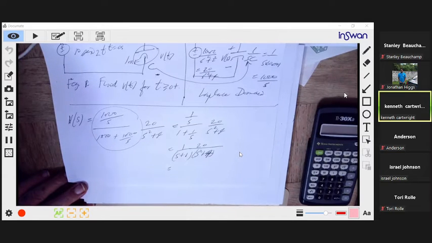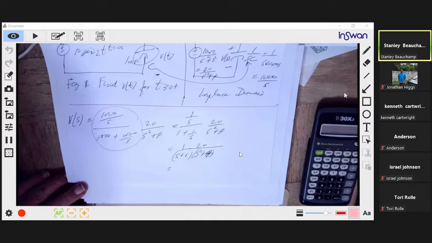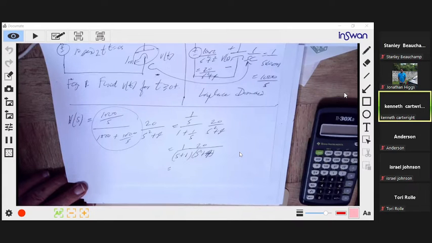So what is the order of the denominator? That'll be third order. Yes, the order is 3. That's a cubic equation on the bottom. S times S squared is S cubed.